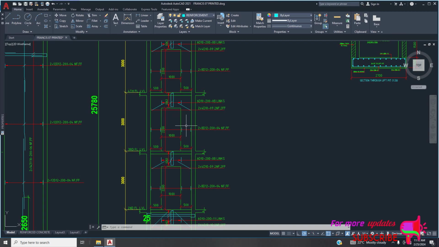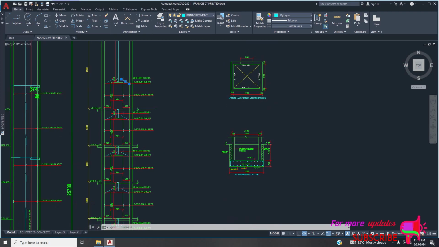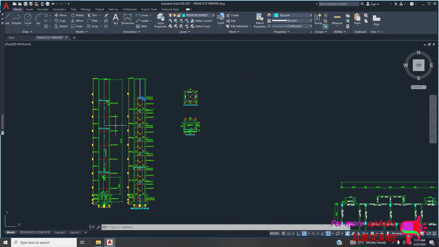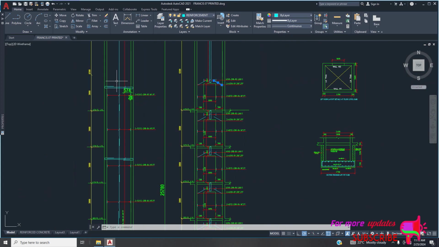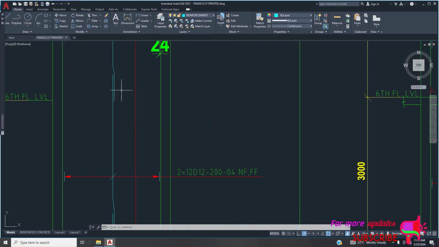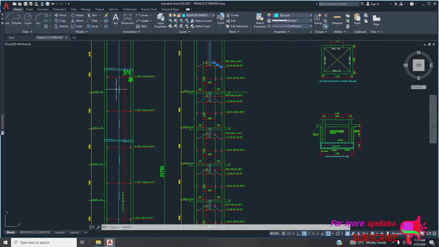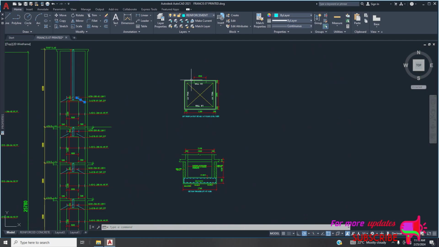Now depending on the dimensions, but the detailing will remain the same, and of course depending on your analysis, but lift core is mostly typical, right? It's typical, so you will find maybe only these are the ones which are going to change.